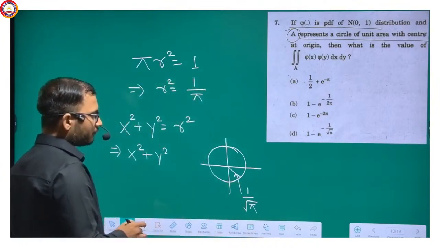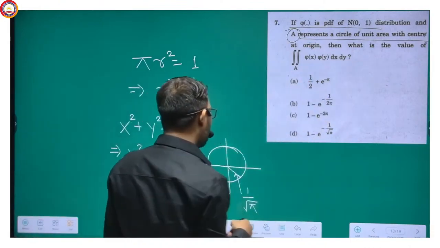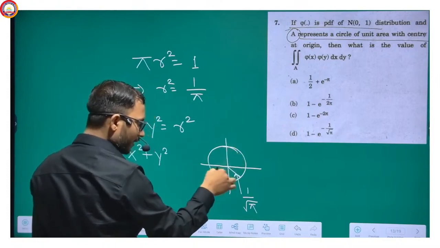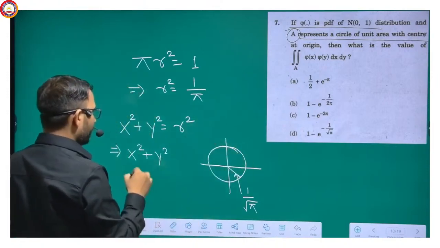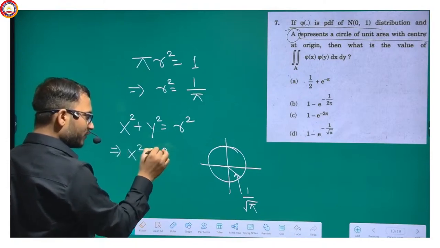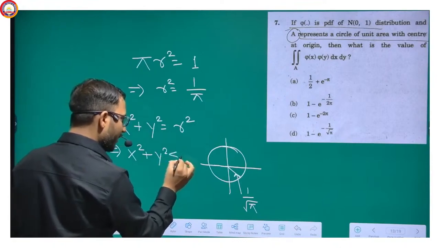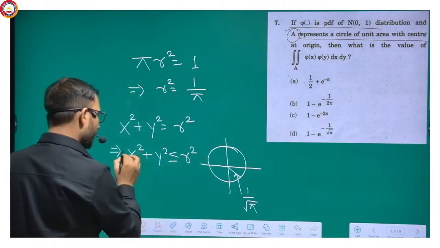Now that means we have to integrate this value under this circle. That means we have to do it for x square plus y square. There is a constraint that x square plus y square is less than or equal to r square.